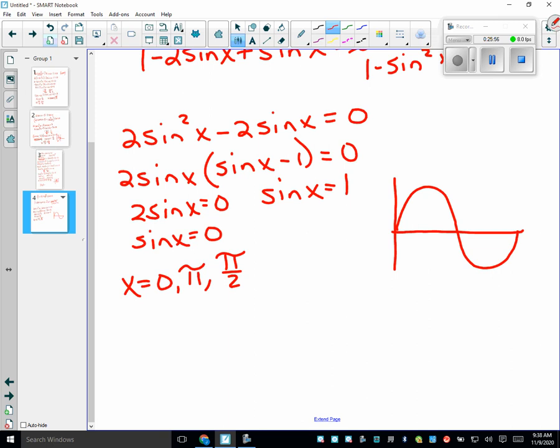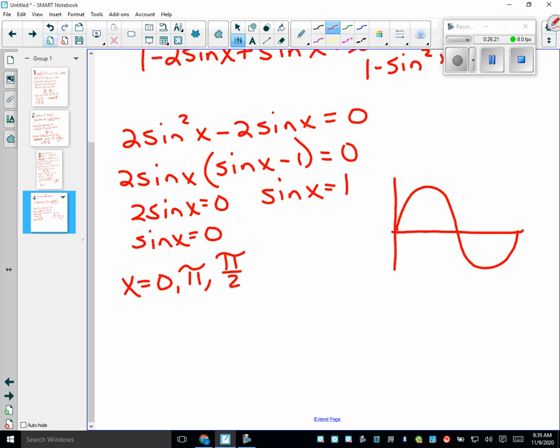Now, the problem. Anytime you square both sides, you can get what's called extraneous roots, answers that don't really work. So anytime you square both sides, you have to check your answers.